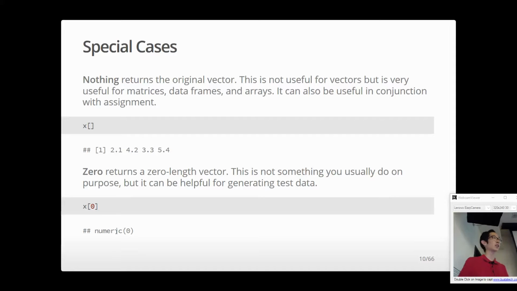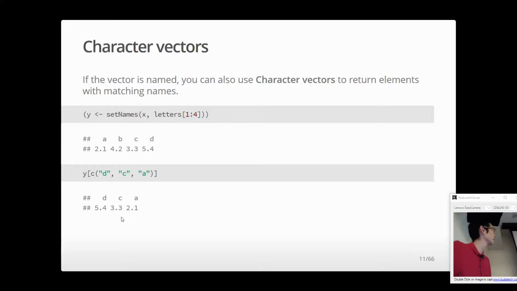When x is a numeric vector or a double, it's going to give you the null that corresponds to numeric type. And if x is a character vector and you put in x0, it'll give you a null of character type. I don't know how often you're going to be testing for these things, but it's good to be aware of it.